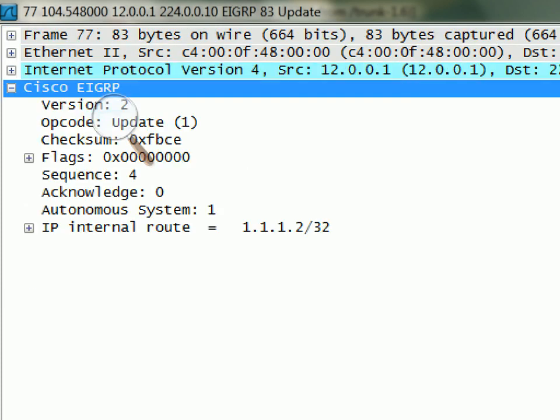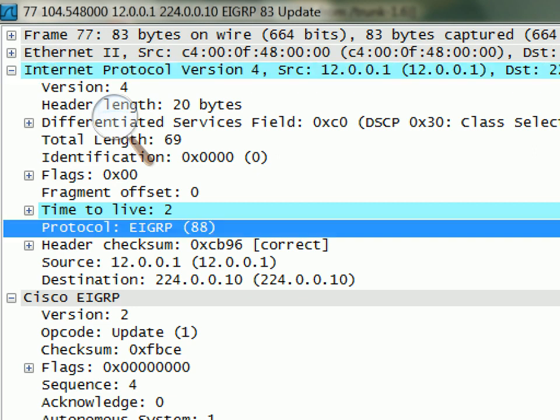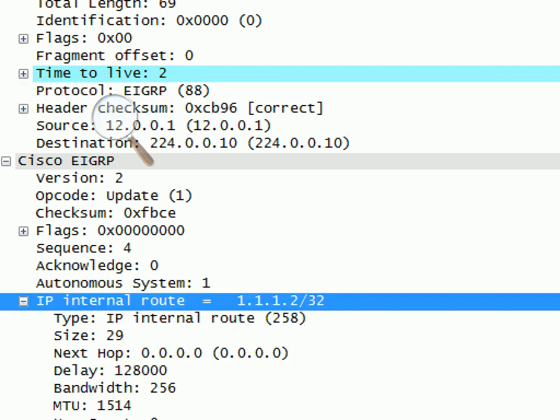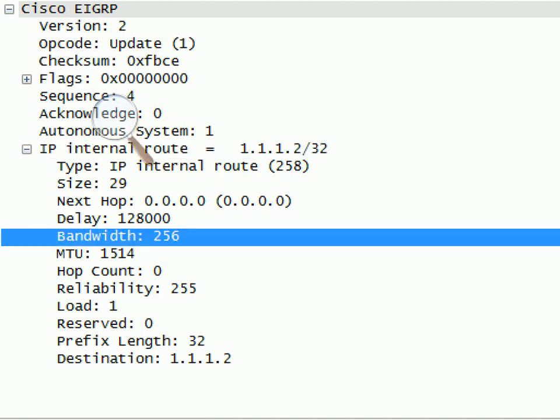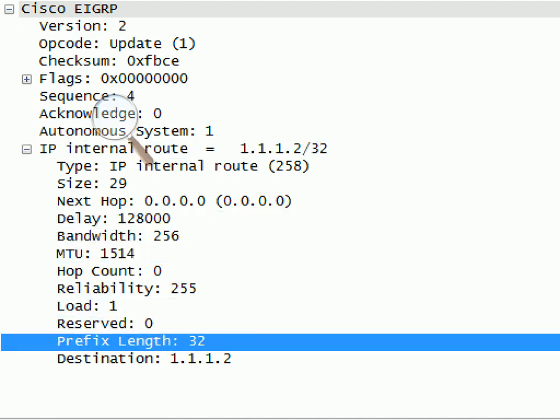First of all, the protocol number used by EIGRP is 88. This thing is fine. Now, you can see here, IP internal route is 1.1.1.1/32, and these are the metric components associated with the route.